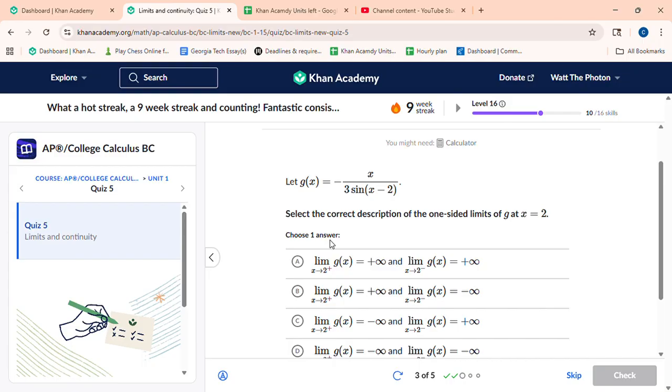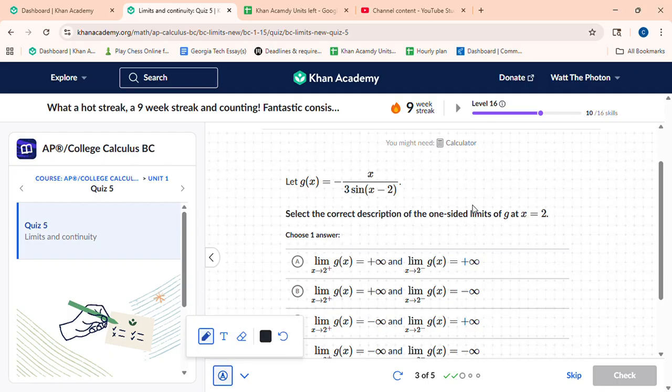So we have g of x, but g of 2 is going to be equal to 2, the sine of 0 is 0, so that'll be over 0.